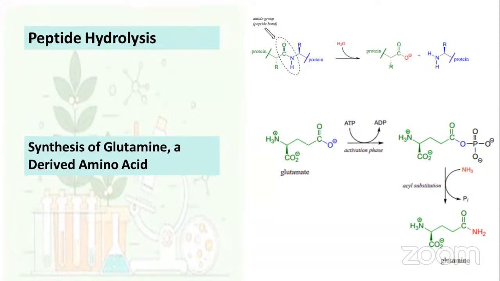Let me take another example, the synthesis of glutamine. Glutamine, we all know, is an amino acid. It can be converted from glutamate, another amino acid which we take in, through some simple chemical reactions. To explain how glutamine is synthesized in our body, we need a chemistry background.